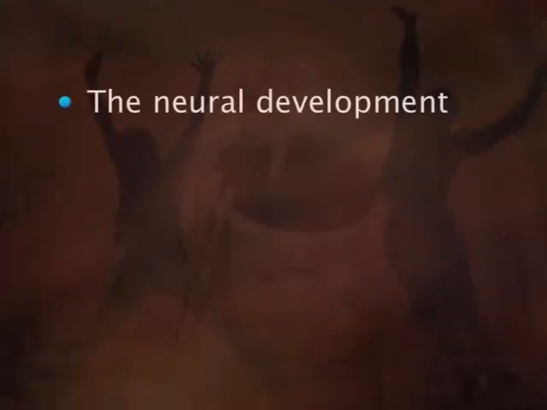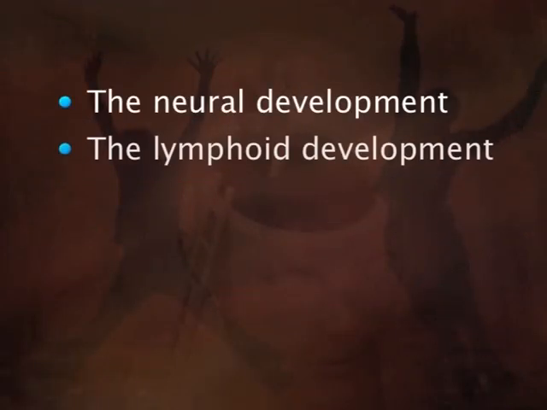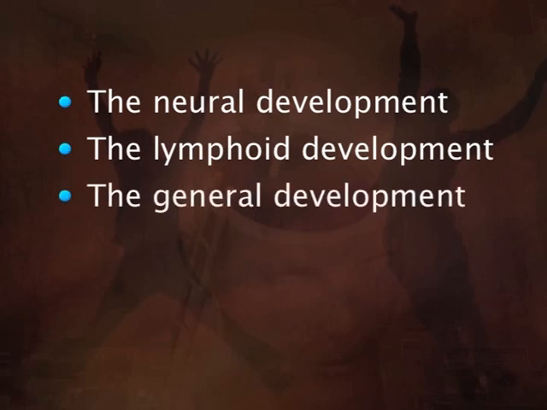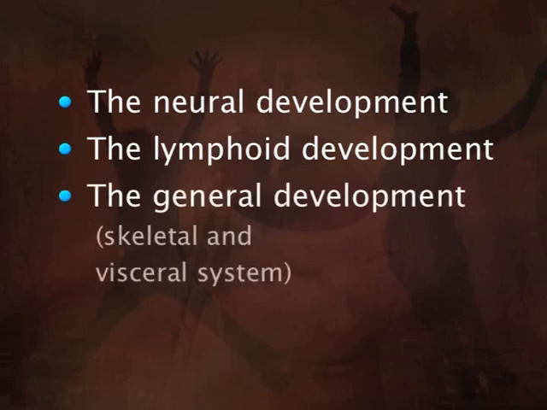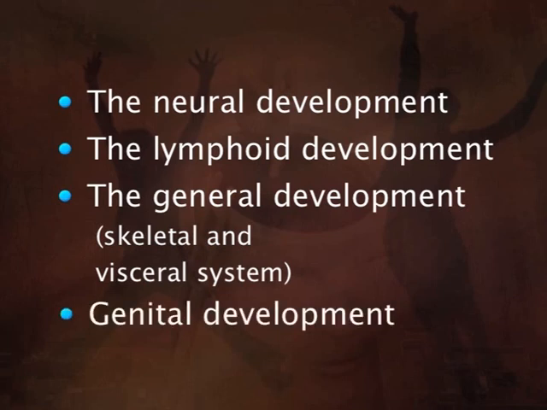Growth proceeds at different rates during different stages of development, but it tends to be fastest during the first 6 months of life. Growth changes can be divided into 4 types. They are neural development, lymphoid development, general development, which includes the growth of the skeletal and visceral systems, and finally we have genital development.